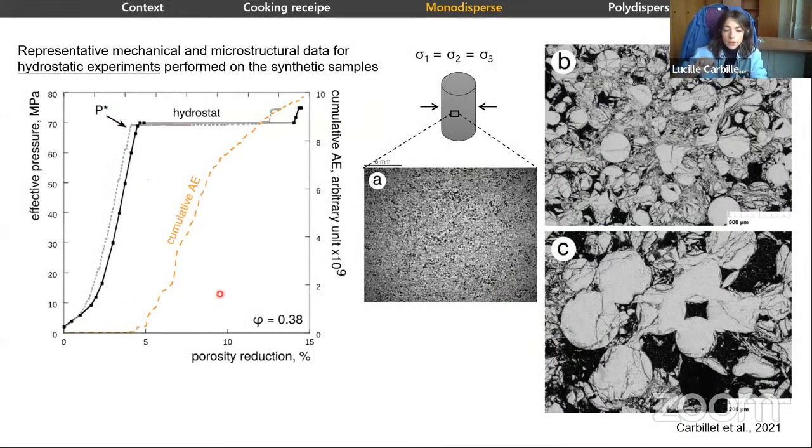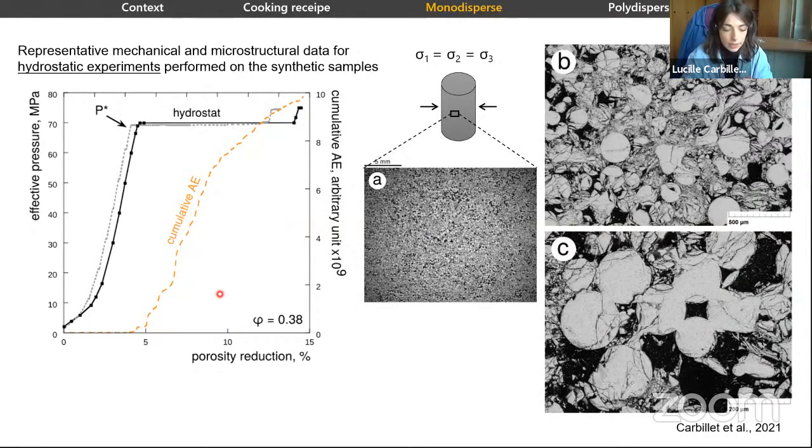So our deformation experiments provided us with mechanical data. And in addition to these, we also prepared thin sections from the deformed samples, which were observed under the scanning electron microscope, which provided us with microstructural data. So we have both points of view.